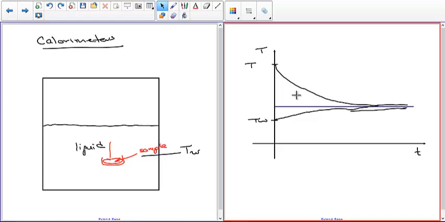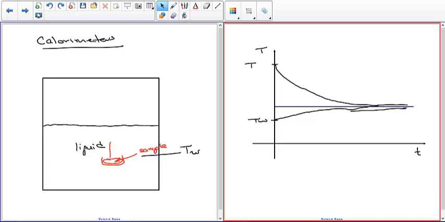And so in this case, because the vessel is insulated, there's no energy transfer from the outside. So all the energy transfer is internal to the calorimeter. The energy gained by the water is the energy lost by the material, the metal or substance.